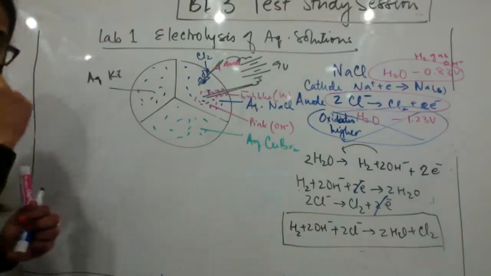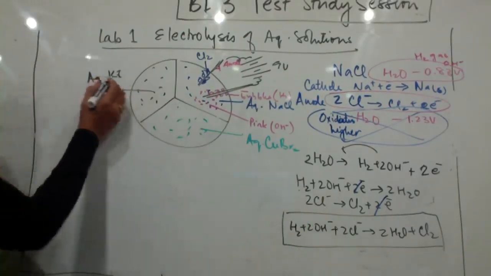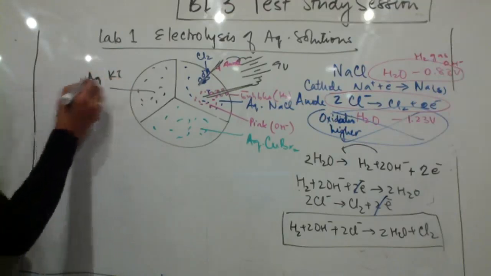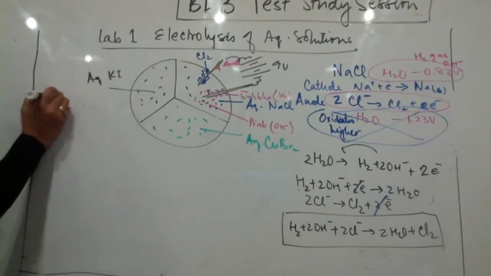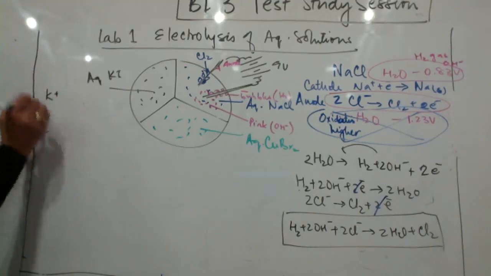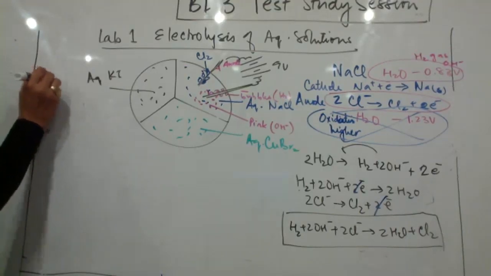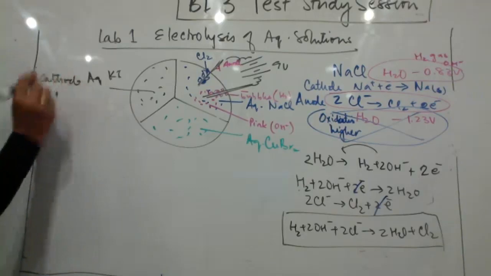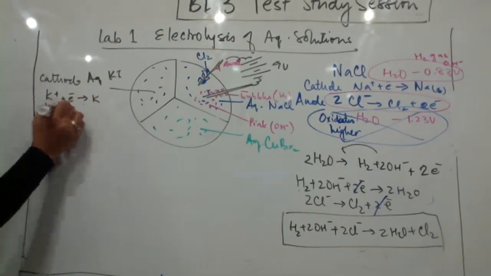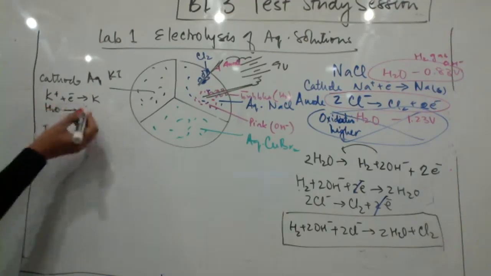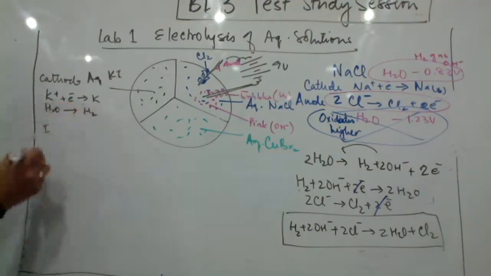That's fine, Animesh. Okay, now let's look at aqueous KI. So in aqueous KI, there is K plus and there is I minus, right? So on the cathode, K plus wants to be reduced to form K, and water wants to be reduced to form hydrogen.